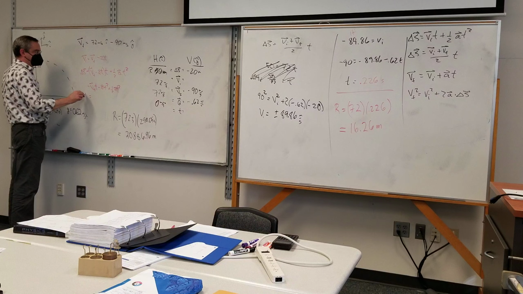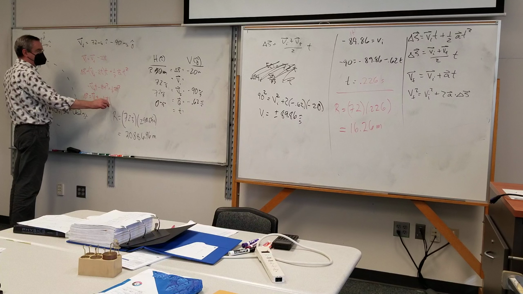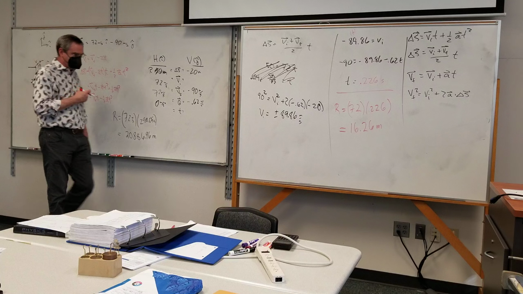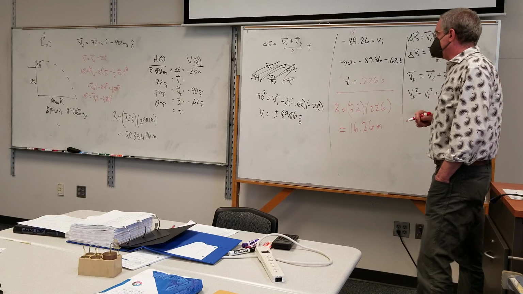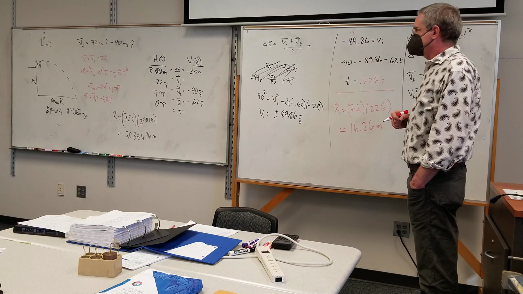So I end up with delta S is equal to VFT minus 1/2 AT squared. This is the fifth equation that some textbooks will give. If we solve for time in that, let's see what we get.